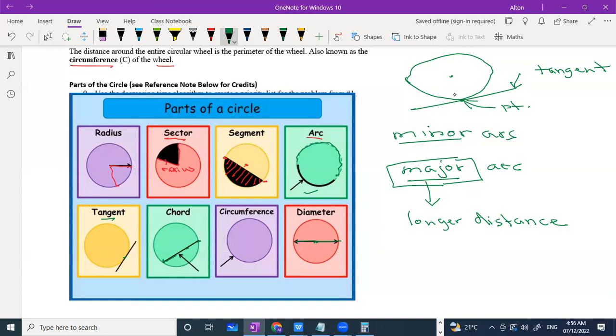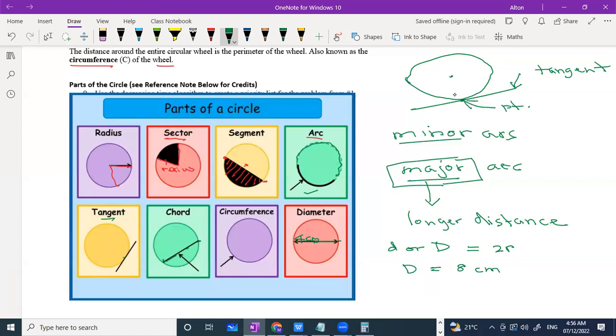The diameter, which we call D, is always 2 times the radius. So if you know the radius is 4 centimeters, then we expect the diameter, which is 2 times the radius, to be 8 centimeters, 2 by 4.